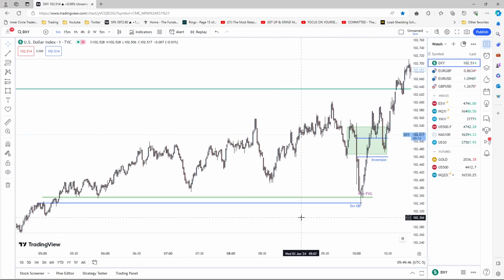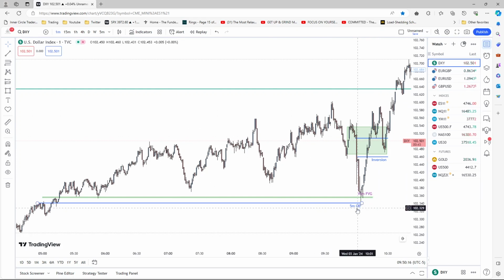But I went on to a higher time frame. Point number two, price needs a higher time frame level. You need to have the higher time frame backing up your trading idea. Write that down in your notepad. Very, very important. You need to have the higher time frame backing your trading idea.